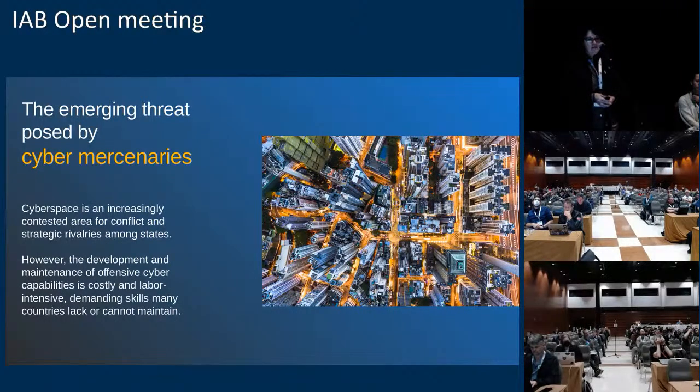Right, as I mentioned, cyber mercenaries: if you can't build it yourself, then hire somebody to do that. So we saw a massive upsurge in private offensive capabilities, organizations who sell that sort of information. So you can expect to see this happening.